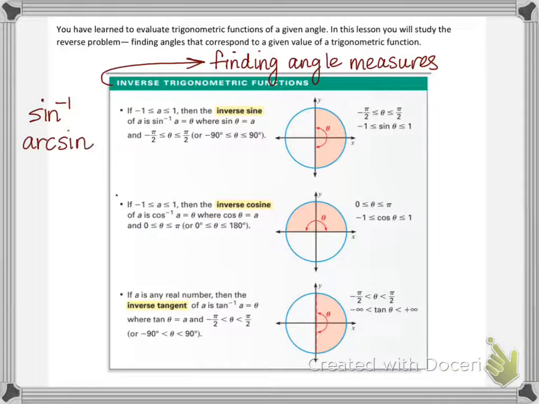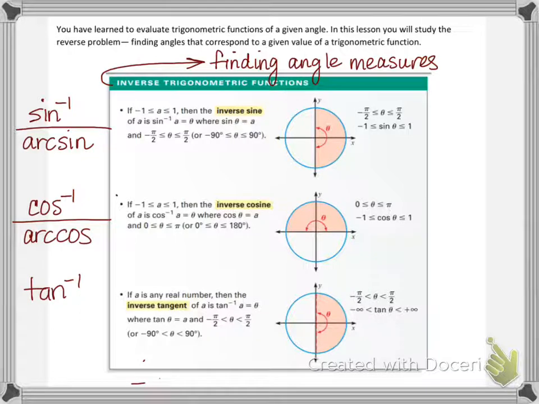I want you to know that both of them mean the same thing, okay? They both mean the same thing. So this one here will be either cosine inverse, or you read it as arc cosine. Same thing, okay? They both mean the same. And the last one, tan inverse, or you will see it written as arc tan. They both mean the same thing.